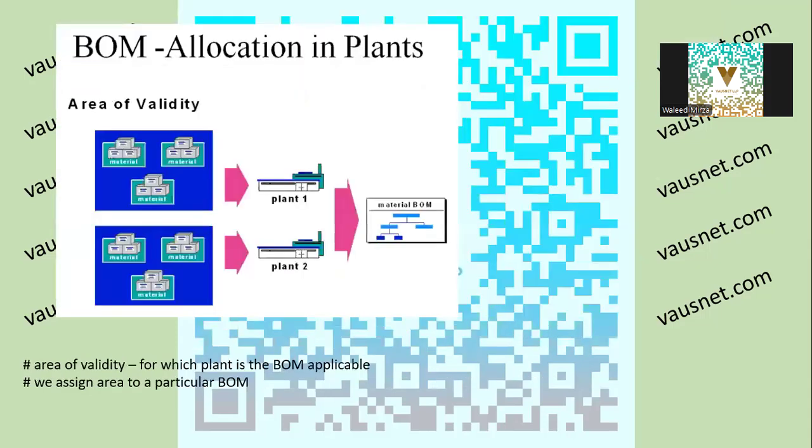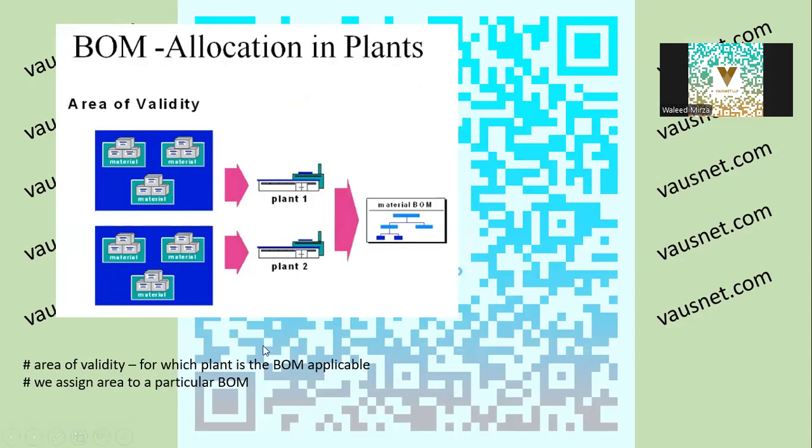But in some cases, for example, your motorcycle is being produced, the powertrain is produced at plant 1 and the chassis is produced at plant 2. So multiple plants can also be shared and mentioned in a material form. So the area of validity, what is area of validity in a BOM? It is the plants.